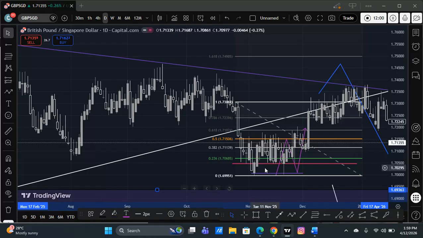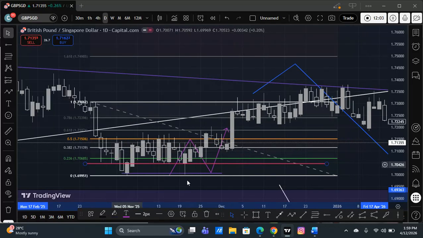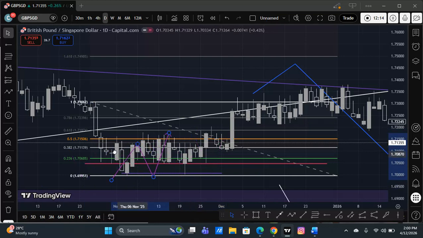This is one of the trades that I took, and normally what I do when you see this purple line, I draw it before the market takes any form.